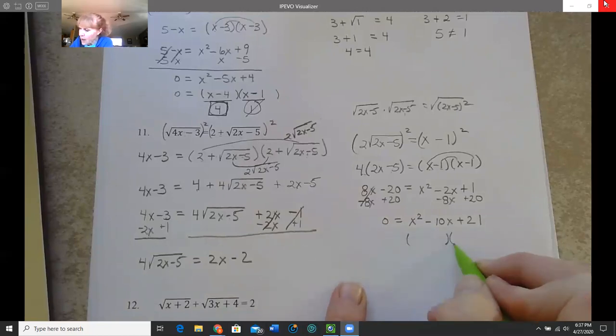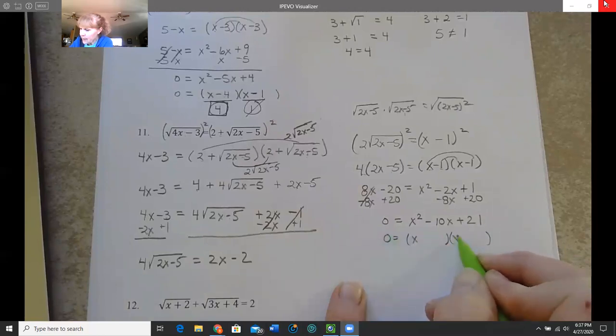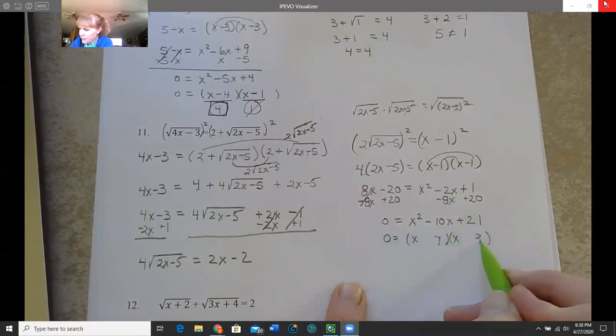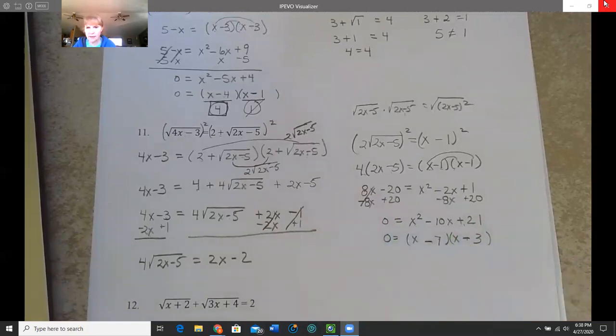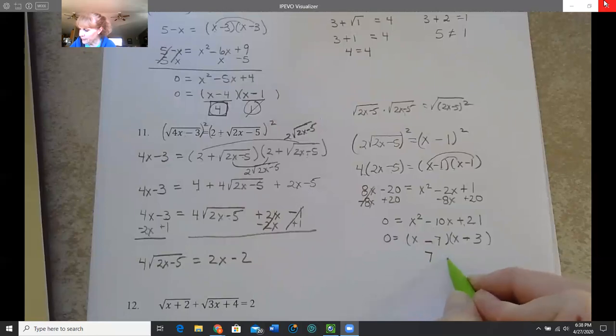And there's nothing in common. x times x is x squared. 7 times 3 is 21, and I want them both negative. That'll give me the positive 21 and the negative 10. So my possible answers are 7 when that's 0, or 3 when that one's 0.